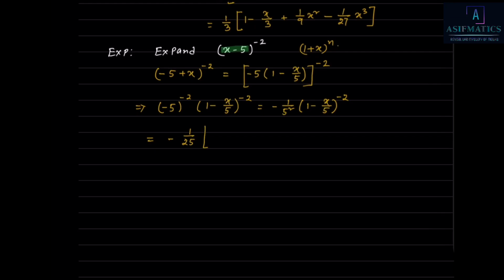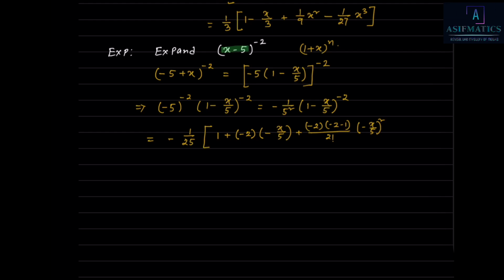And now you can simplify this one. 1 plus nx, so n is minus 2 and your x is now minus x by 5, right? 1 plus nx plus n into n minus 1, so that is minus 2 into minus 2 minus 1, divided by factorial 2, into minus x by 5 square.